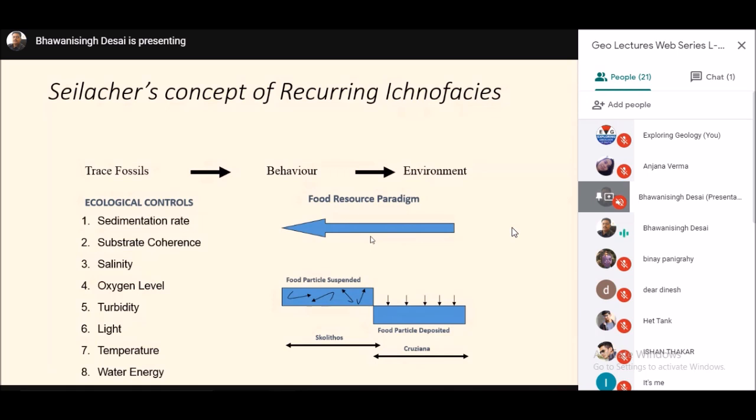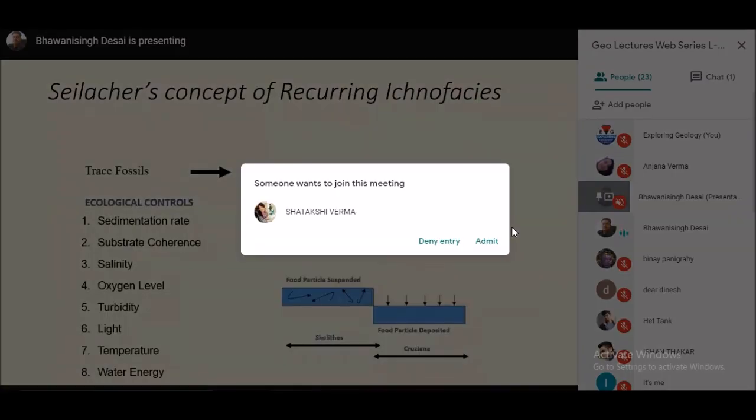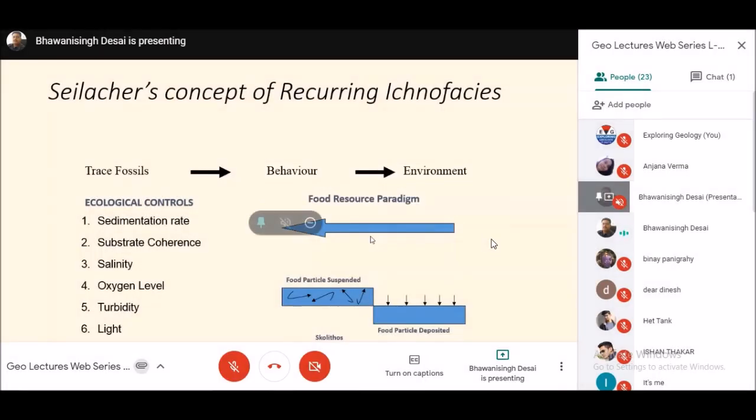Now, what does it do? If I take one example of a polychaete worm, which is an annelid worm, it has a habit of taking food from the water column. It has special appendages through which the water flows, and those appendages filter the organic matter and then they eat. So what will happen if we put that same worm in these two environments?